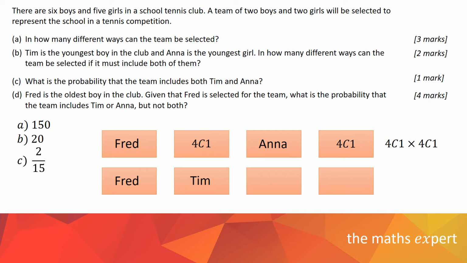If Tim is also fixed, then there will be 5 choose 2 combinations of girls to go with this specific pair of boys. We would then find the total combinations by adding these 2 together, as we want one or the other. The total is therefore 26.